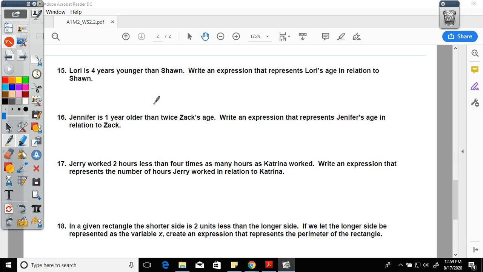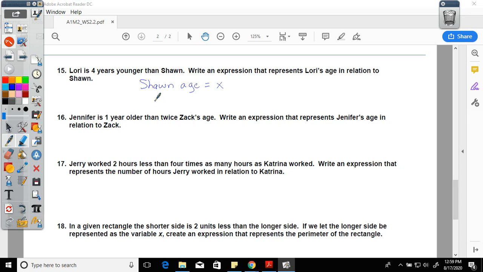All right, so let's talk about this one. Number 15, Laurie is 4 years younger than Sean. Write an expression that represents Laurie's age in relation to Sean. So what we're really focusing on here is Sean. So we'd say Sean, and we don't know what Sean's age is, so we're just going to say x.